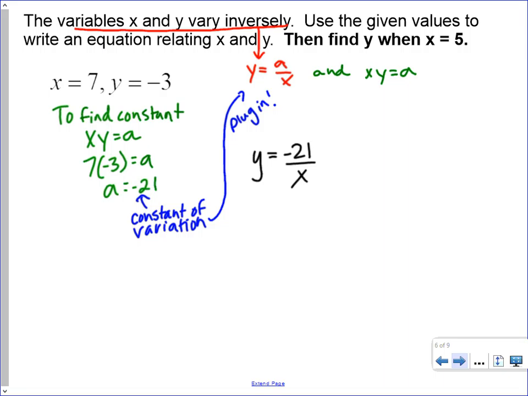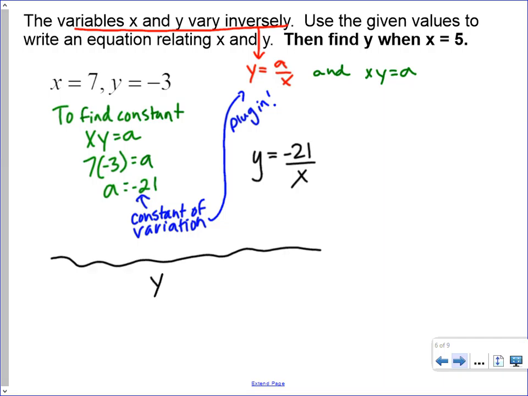It's using the definition that you know, x times y equals a. Did anybody else think about doing something different to find a? On a side note, if you want to use Jackson's method, that works perfectly.